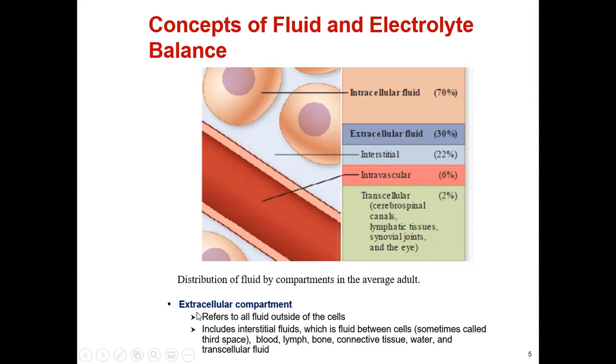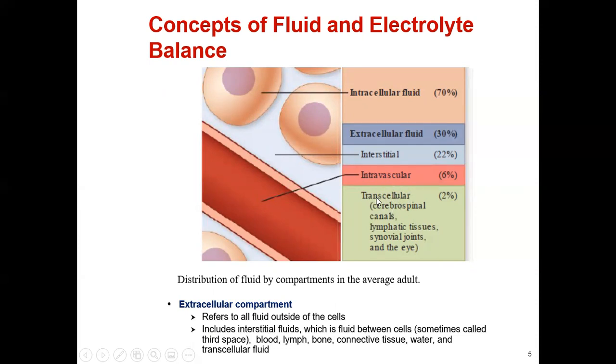Now let me talk about the extracellular compartment. It means outside the cell, so it refers to all fluid outside the cell. It includes interstitial fluid, which is the fluid between cells, sometimes called third space. Interstitial, or blood, lymph, bones, connective tissue, water, and transcellular.